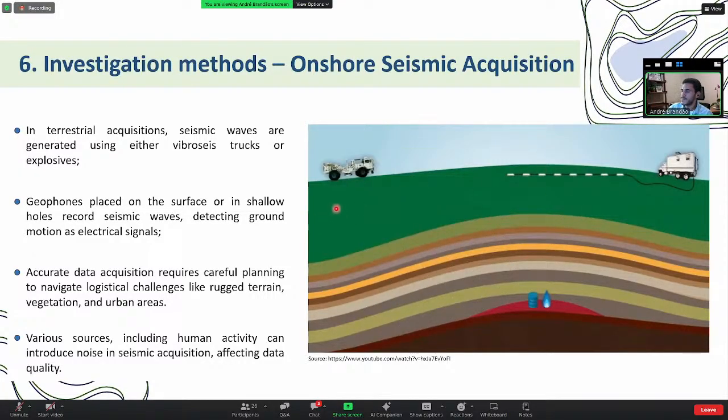We have to realize that the position of these microphones is very well planned, because differently from marine acquisition, where the ship flows in the same direction, here we have problems of vegetation and topography, and there are a lot of things that may interfere with the quality of the data.